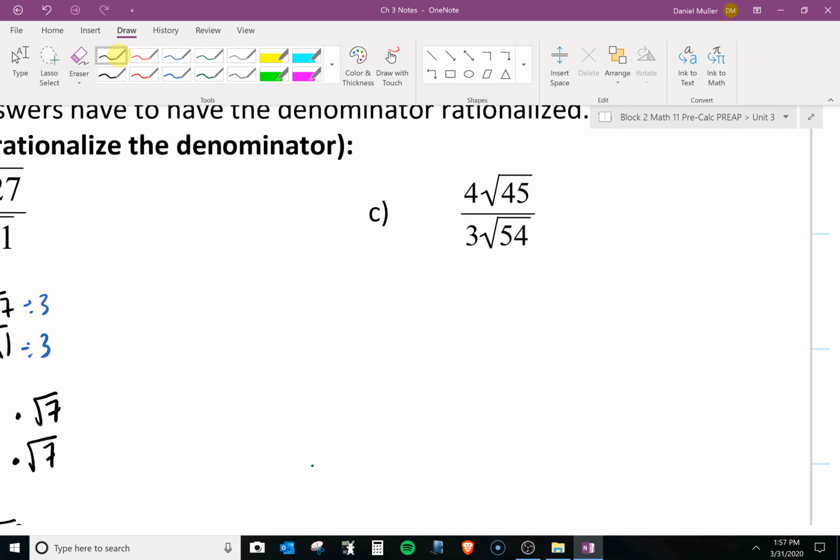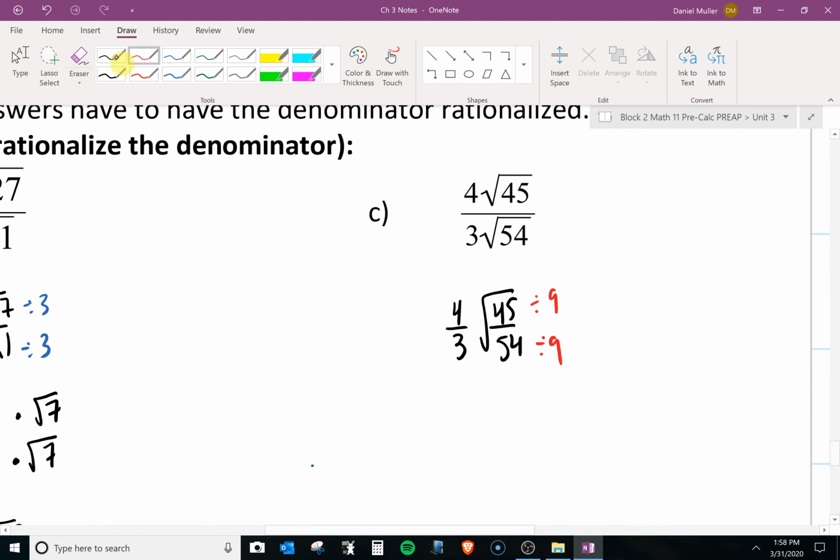So here we have the last one. Again, you could rationalize this by multiplying by the square root of 54. That's going to get absurd, but you could do it. But I do notice that both of these, if I join them together into one square root symbol, so 4 root 3, if I join them together, 45 over 54, they can both be divided by 9.